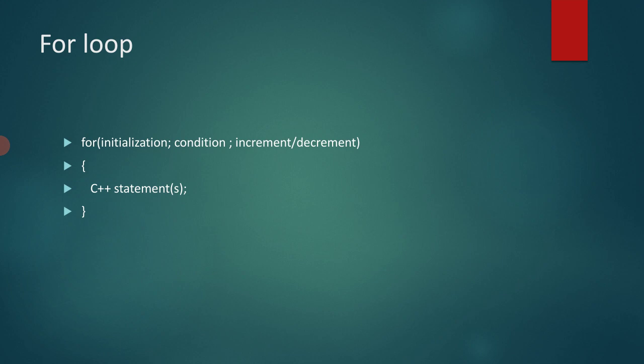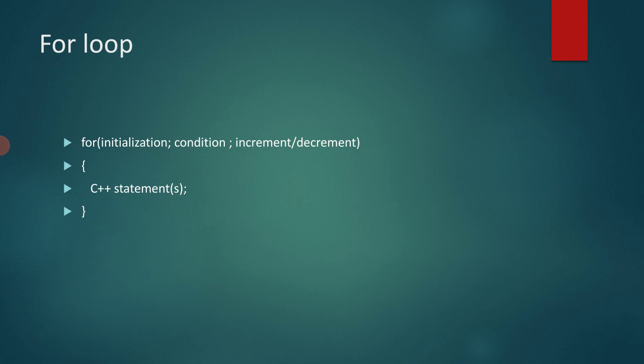Next is the condition, where you have to apply the condition. The for loop will execute the process by checking the condition. For example, you want to print the first 10 numbers, so you have to initialize the value of the for loop. Let's suppose I take variable i equals 0.